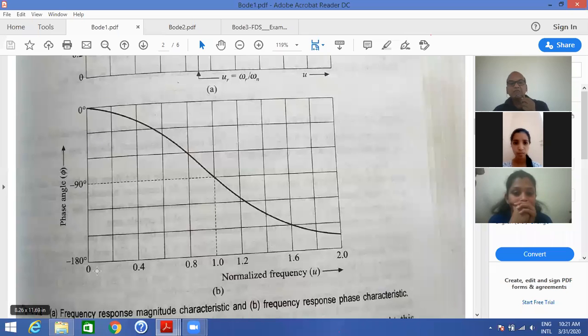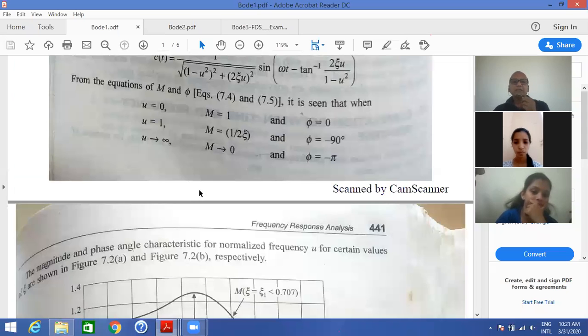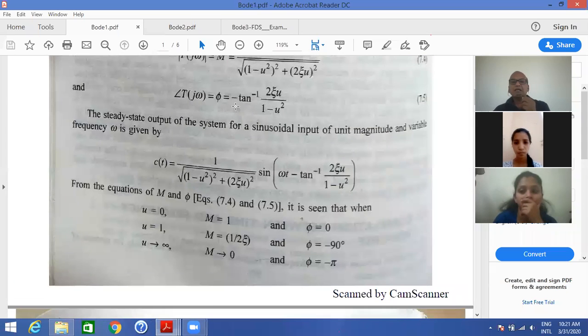As u is increased from 0 to infinity, the phase angle decreases from 0 to minus 180 degrees. This is based on the phase angle, minus tan inverse of 2ζu upon 1 minus u square.